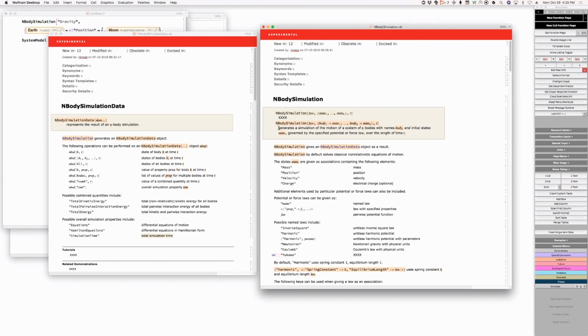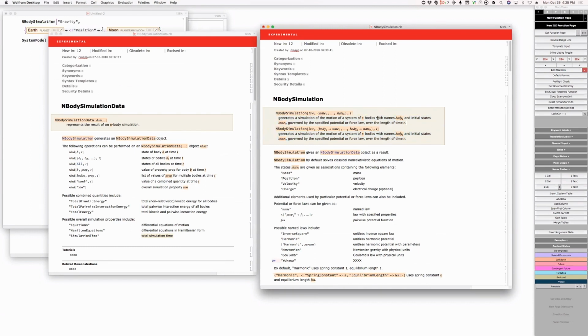Generates a simulation system of n bodies with initial state I, governed by the specified over length of time t.